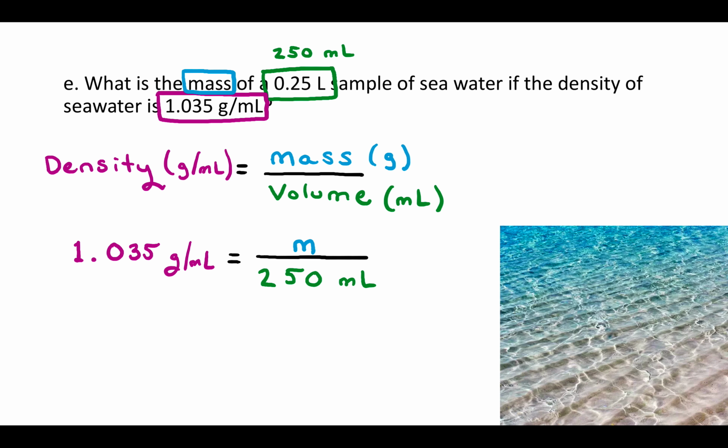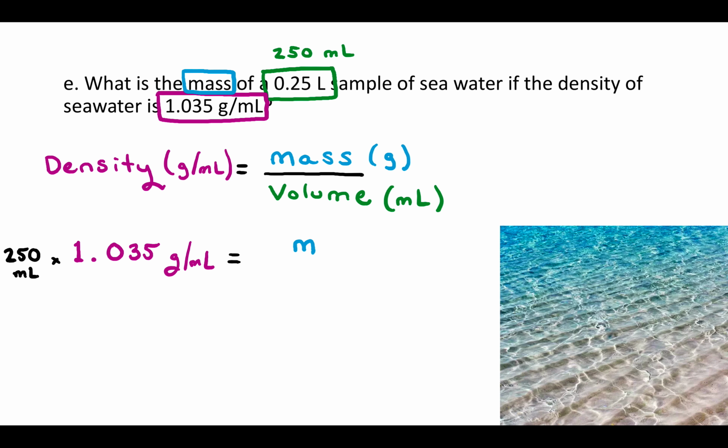Now here, we want to get that m all by itself. Right now, it's tied to another number, the 250, and it's tied through division. So to untie it, you have to do the opposite operation. The opposite of division is multiplication. And you have to multiply it by the same number that you were dividing it by, so 250. But if I do that to one side of the equation, I have to do it to the other. On the right side, those 250 milliliters will cancel out, and I'll just be left with the mass.